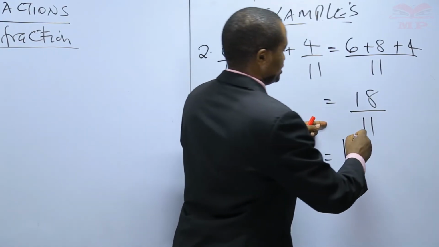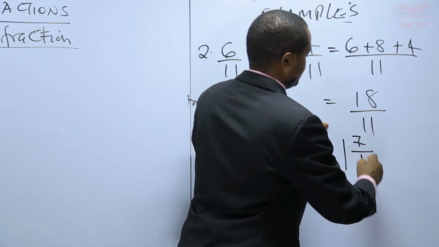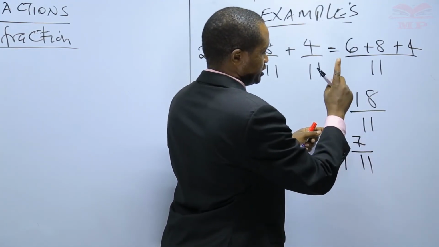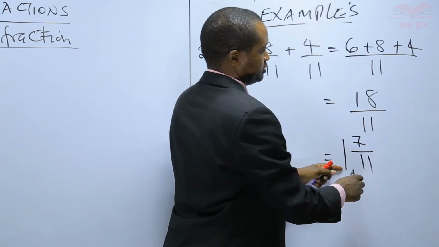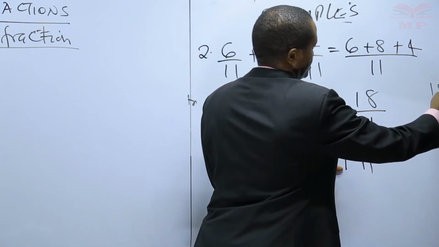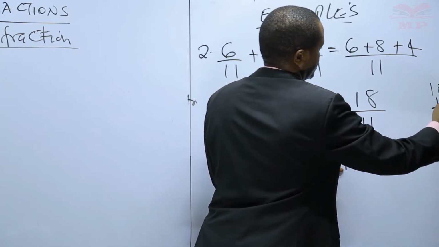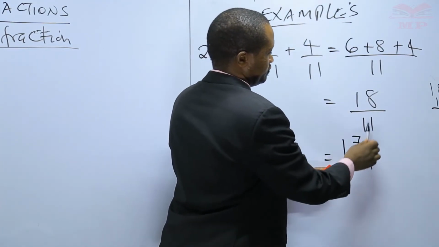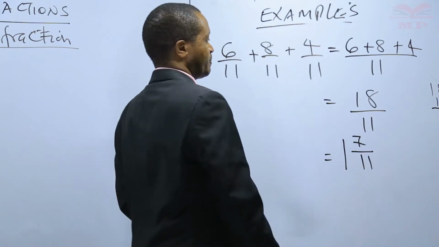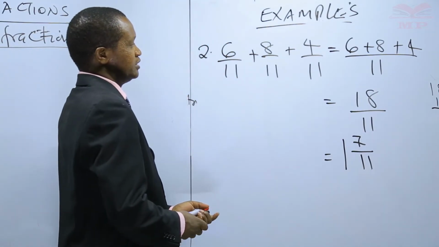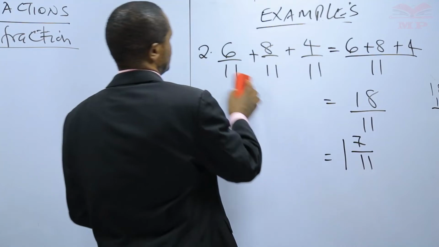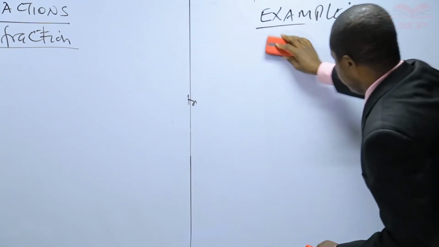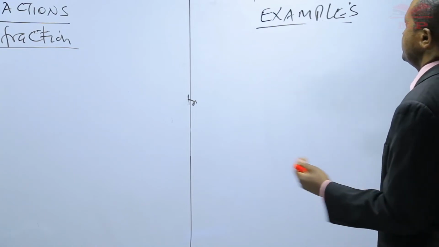Then we'll have 7 over 11. 11 goes here once, and 18 minus 11 gives us 7. Then we have 11 as the denominator. So that is example number 2. You can try out example number 3.